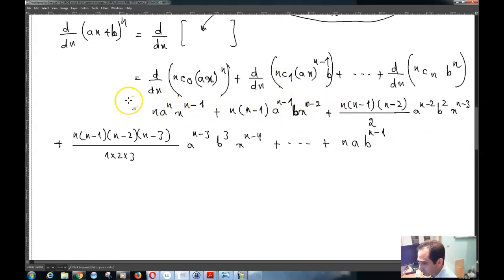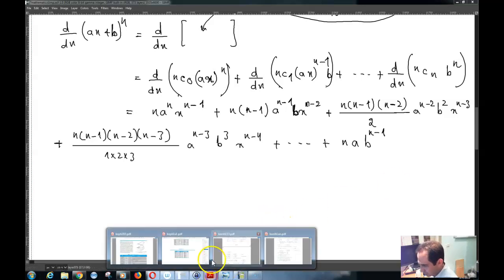It is basically this thing over here: n times a raised to the power n, x raised to the power n minus 1, plus n times n minus 1 times a raised to the power n minus 1 times b times x raised to the power n minus 2, and then it just keeps going in the same way. So let me see if the answer is correct.